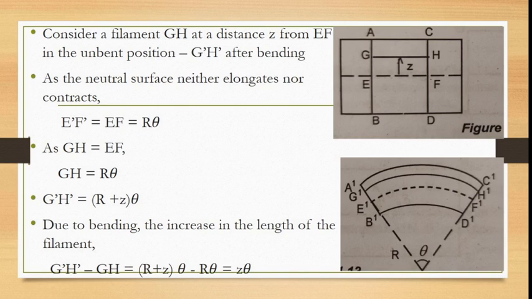Simplifying r plus z into theta minus r theta, cancelling r, we get z theta. So that is the increase in the length of the filament GH. After bending, GH has been elongated to G dash H dash, and we found the increase in length as z into theta.